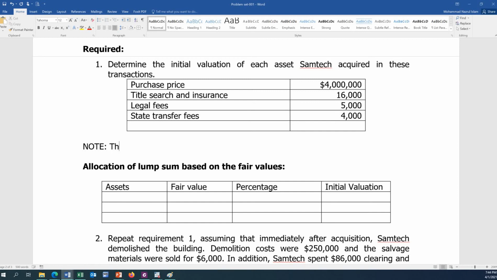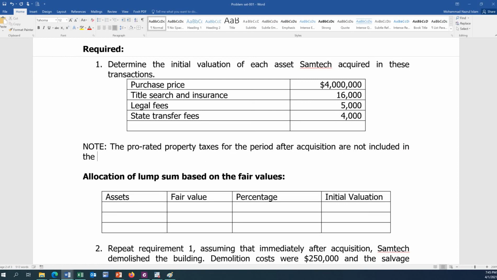The prorated property taxes for the period after acquisition are not included in the initial valuation of the land and building.